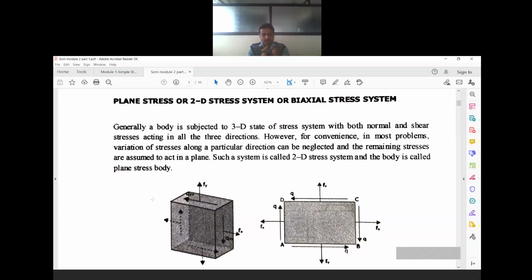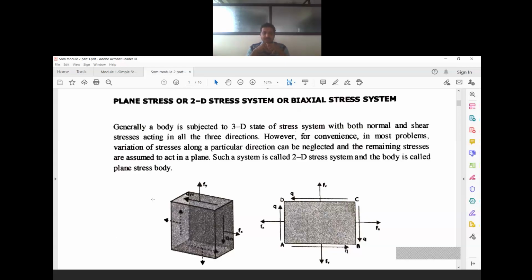Now we shall look into plane stresses, the biaxial stress system. Generally, a body is subjected to a 3D state of stress with both normal and shear stresses acting in all three directions. However, for convenience in most problems, variation of stresses along a particular direction can be neglected, and the remaining stresses are assumed to act in a plane.